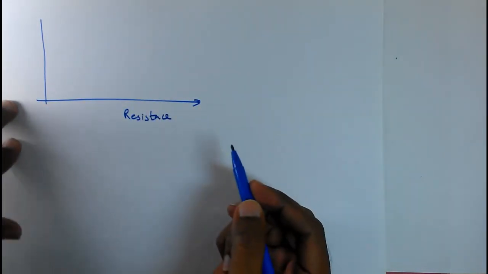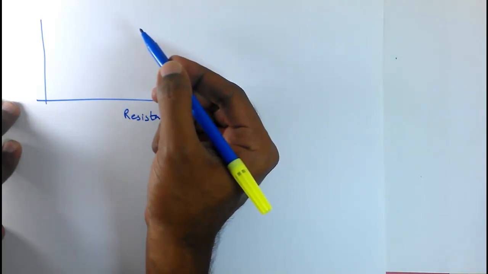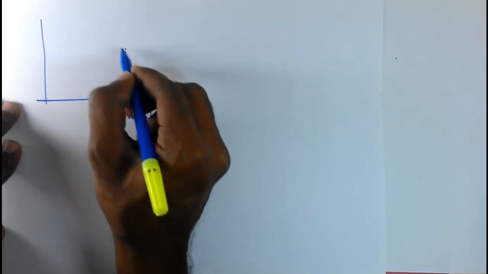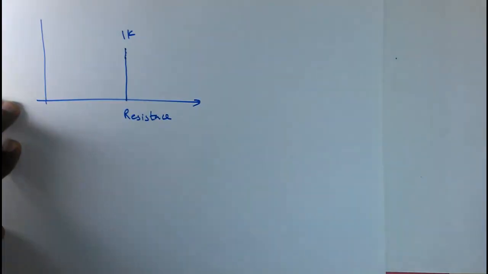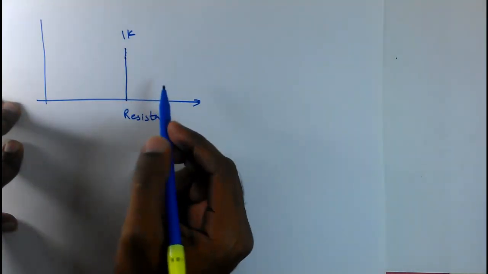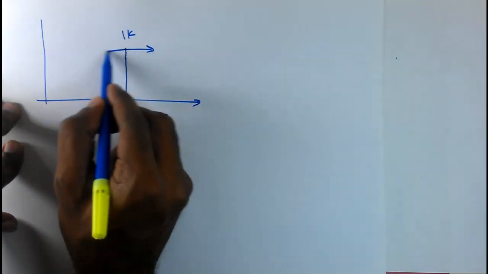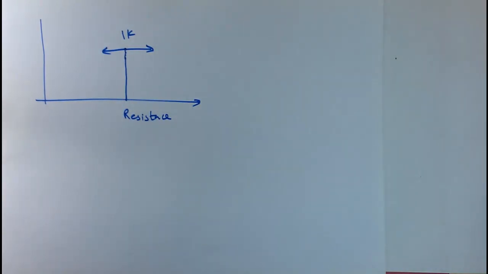Resistance is on the x-axis, and assume I need a resistance value of 1 kilo ohm. With respect to process, the resistance can increase or the resistance can decrease. So how much can this increase or decrease?